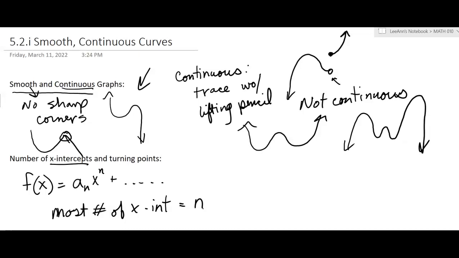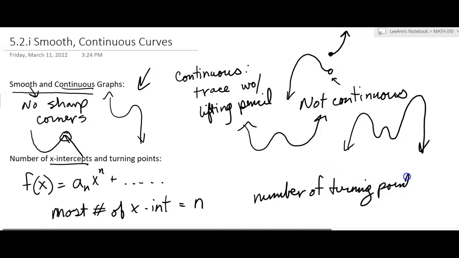All right? The number of turning points, the most you can have, so the most number of turning points is n minus 1.